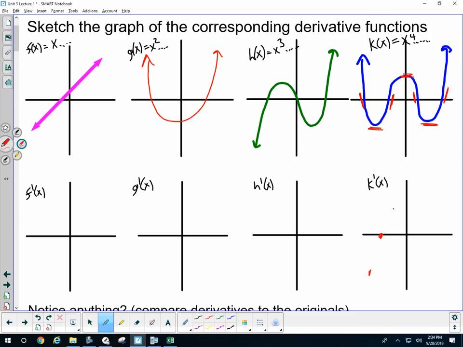I have a positive before I get to the 0 at 0. I have a negative, I have another 0, and then I have a positive. So k prime, the graph of all of the tangent slopes to k, looks like this. Okay, you guys find h prime and g prime and f prime.